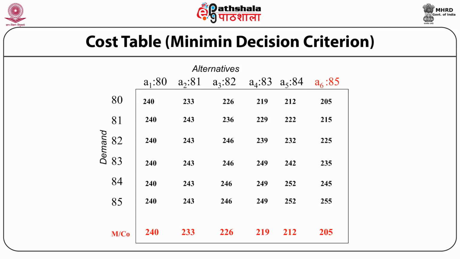So dear students, the next criterion to select the best alternative or course of action that I am going to discuss is the Minimin decision criterion. It is a very good criterion and adopted largely by decision makers. If the values in the payoff matrix were costs, the equivalent optimist criterion is min-min.